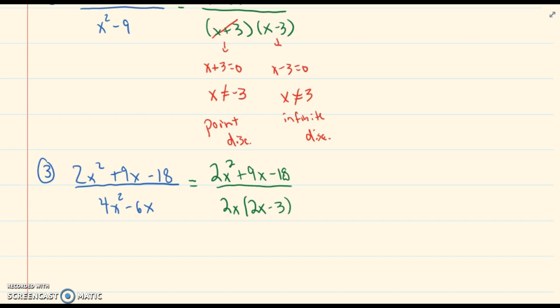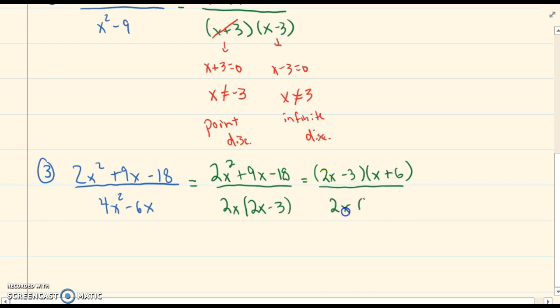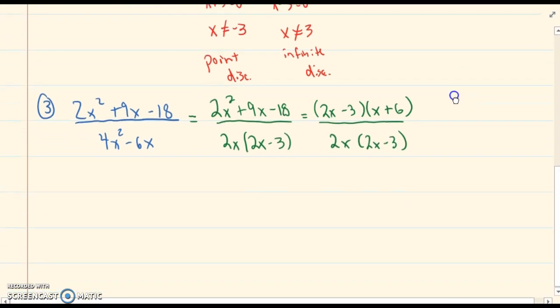However, we can factor the numerator. And so when I've got 2x squared plus 9x minus 18, that's going to give me a 2x and an x. And I believe I'll have a plus 6 and a minus 3. So at that point, I can take each of my factors in the denominator.